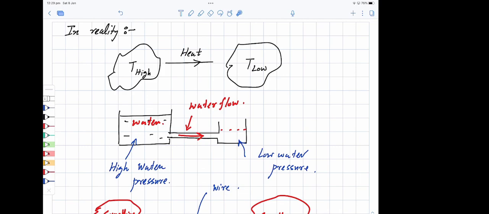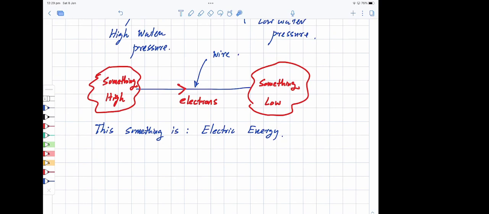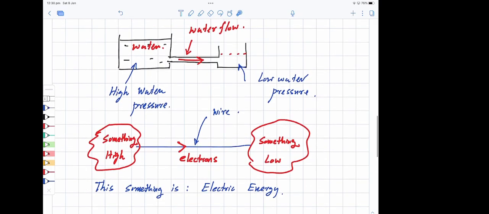Energy is measured by temperature there. Now when it comes to electricity, from high electric energy to low electric energy, electrons are flowing. Any questions? No. Okay.